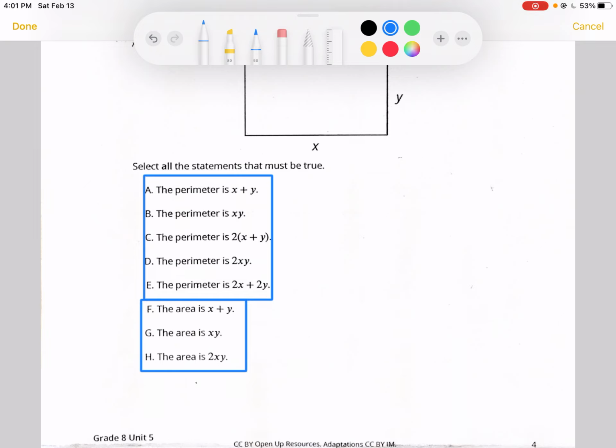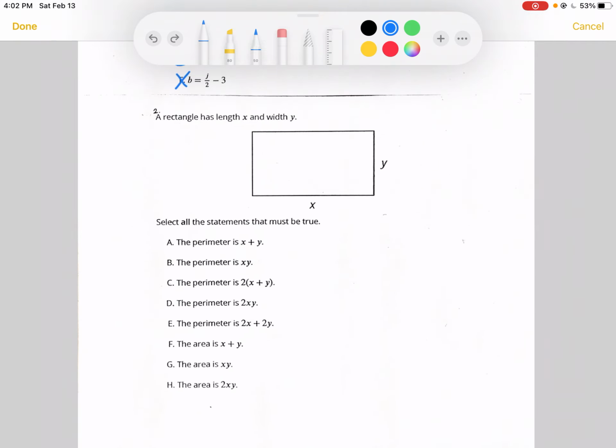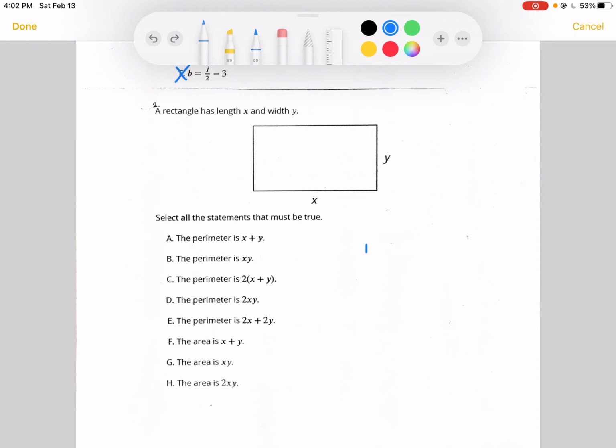So we need to think, how do I find the perimeter of a rectangle? How do I find the area of a rectangle? The perimeter of a rectangle is adding up all the sides, right? So length plus width plus length plus width.